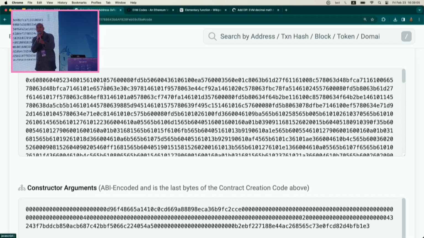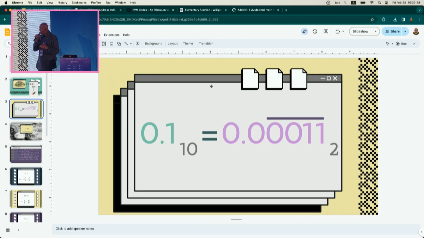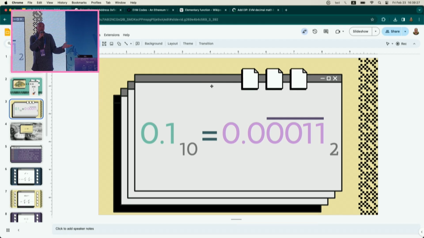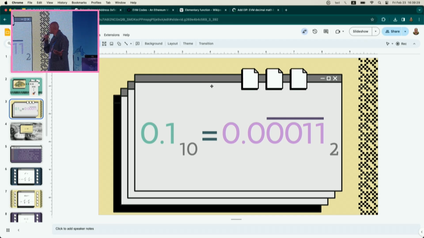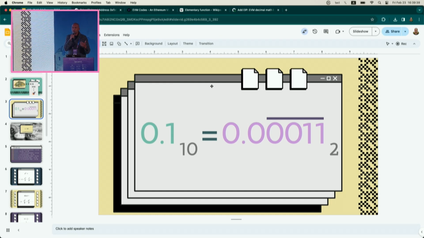That goes from 0 to 9, and then A, B, C, D, E, F. And there's also the binary number system, which uses only 2 digits to represent any number, zeros and ones. And in fact, it doesn't matter which system you use, the decimal, the binary, the hex. Each number is a number and can be represented in any of these systems. But the representation will be different.